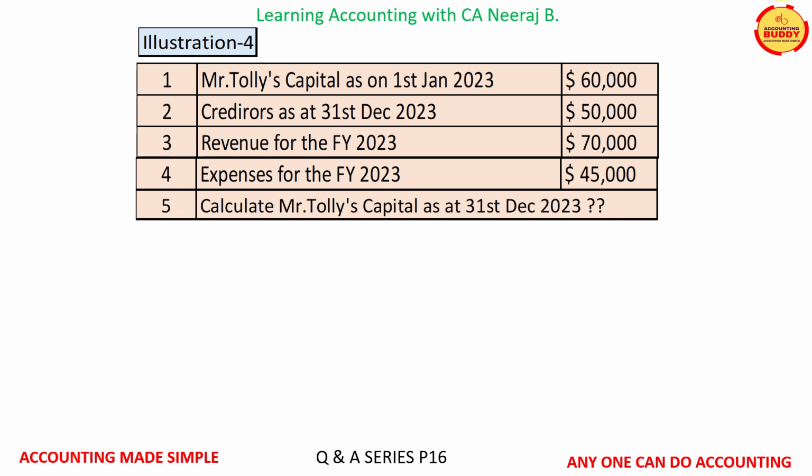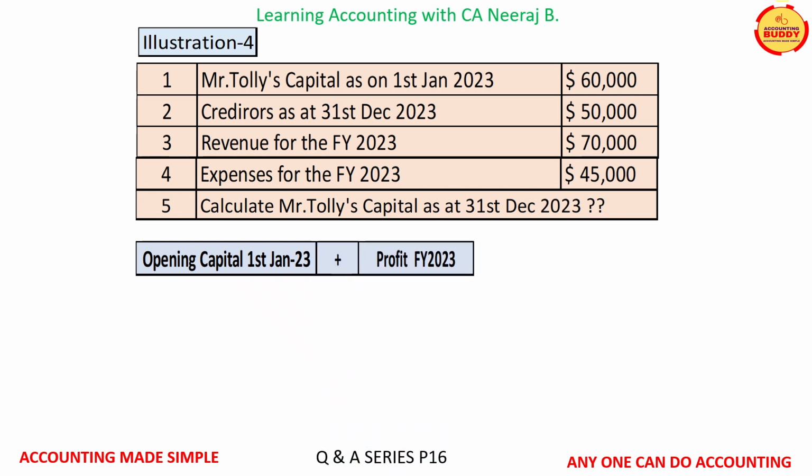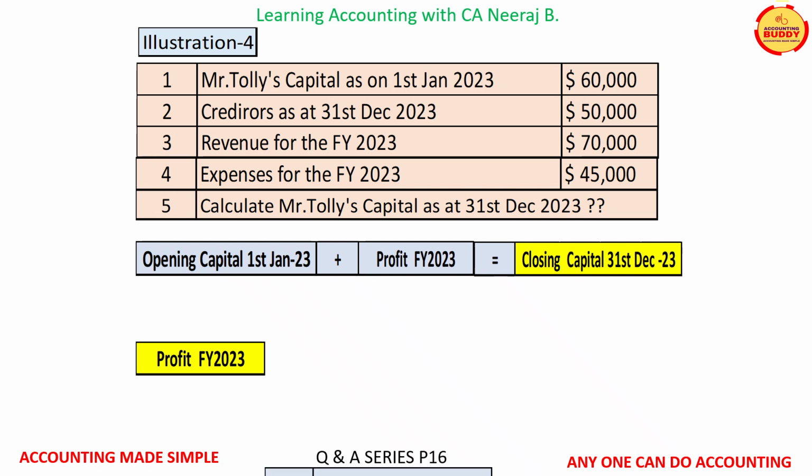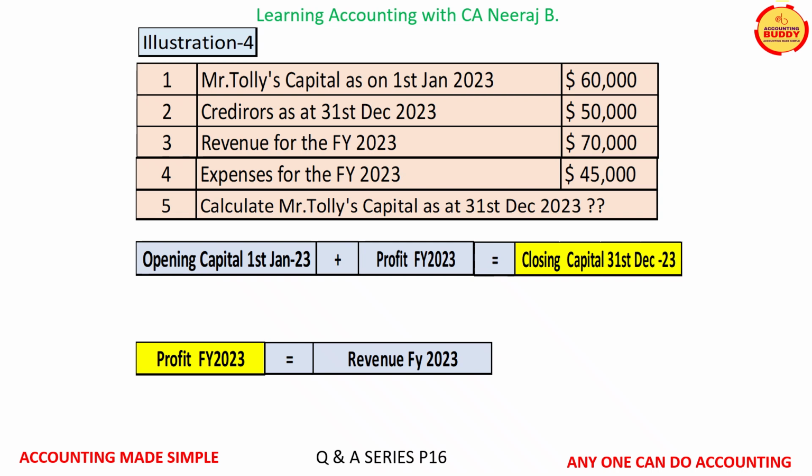Now we very well know that if in the opening capital as on 1st of January 23, we add the profit for the year 23, we will get the closing capital as on 31st December 23. Since the profit for the financial year 2023 is not given, let us first calculate the profit for the financial year 23. Profit for financial year 23 will be equal to the revenue for the financial year minus the expenses for the financial year.